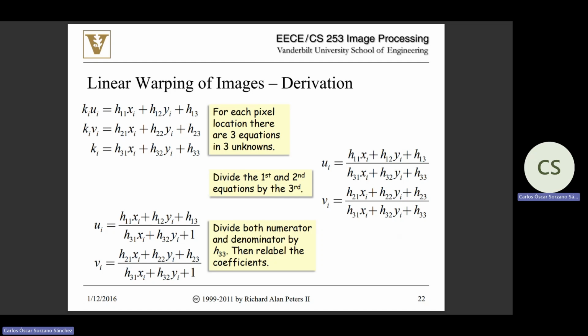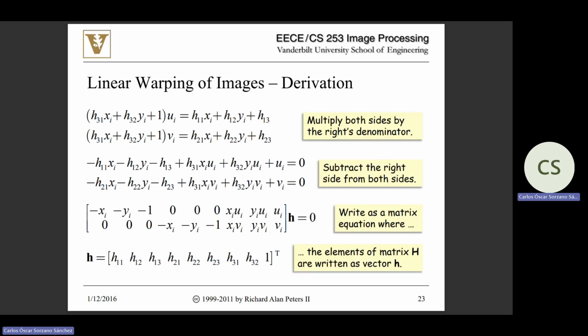We divide numerator and denominator by H33. We are abusing the notation: this would be H11 prime, but we are removing the primes. So this H11 is not the same as the previous one. So far we didn't give values for those ones. Those were our unknowns. So this is our new equation system.